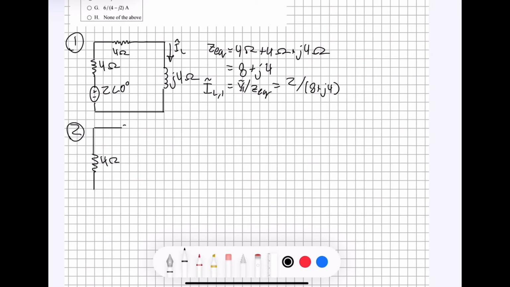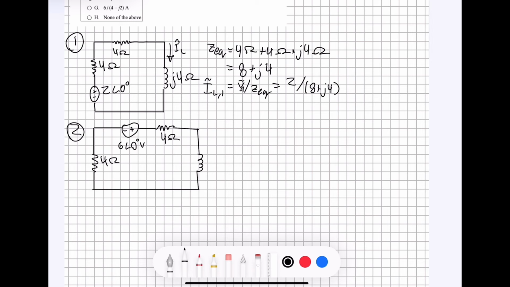We actually have the source first, and then the 4 ohm resistor. And the source is 6. And this is our redrawn circuit.